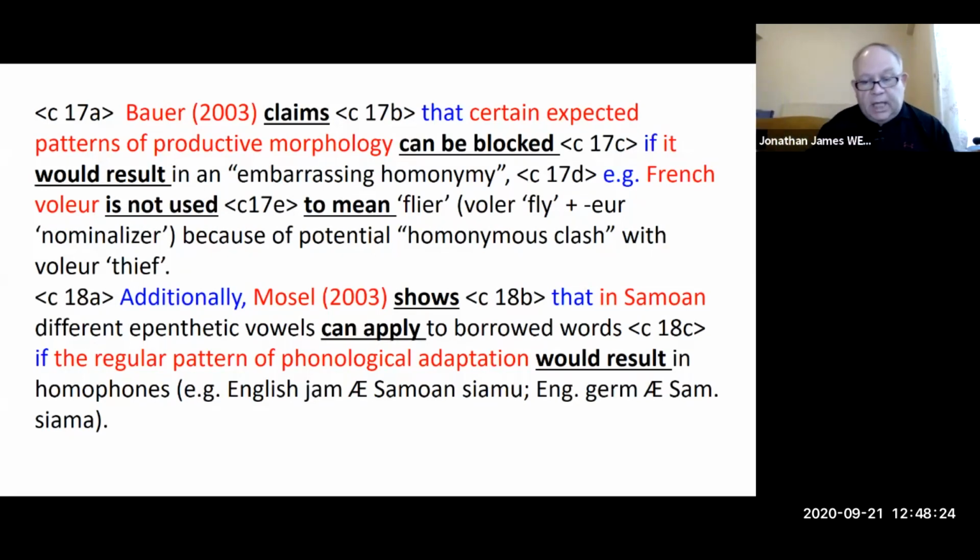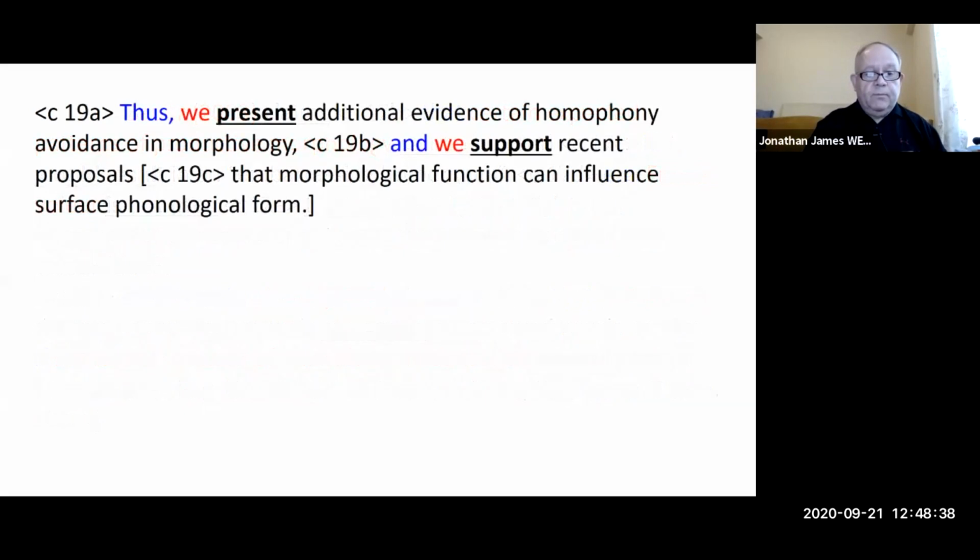In Samoan, again, because you're talking about the languages, what can happen in those languages, that's the grammatical subject, but it's not theme. 18c, straightforward. 19, thus, textual theme. We, grammatical subject, present, and we support. Okay, I think these proposals, again, 19C, again, sort of modifying proposals, all right?